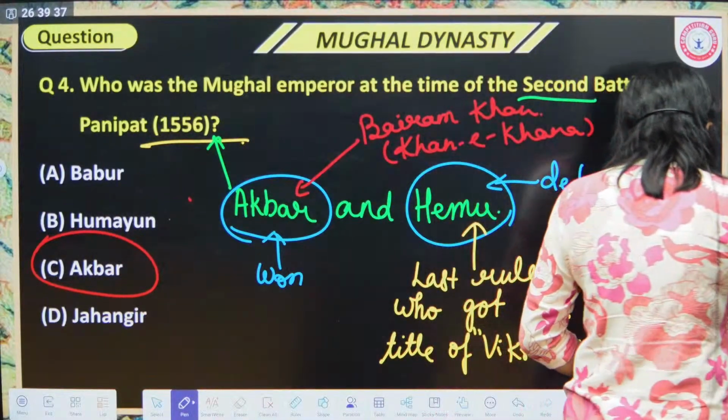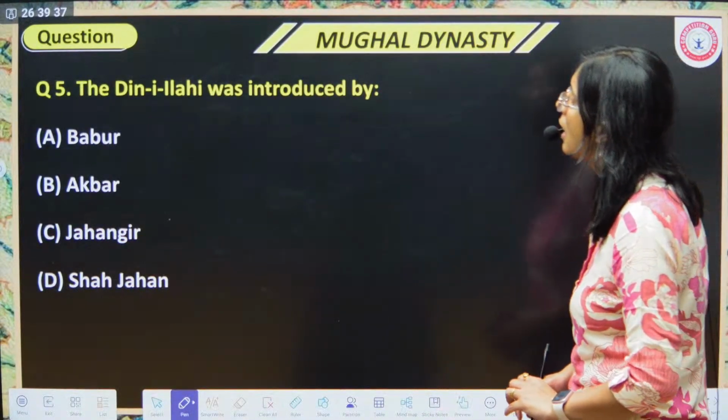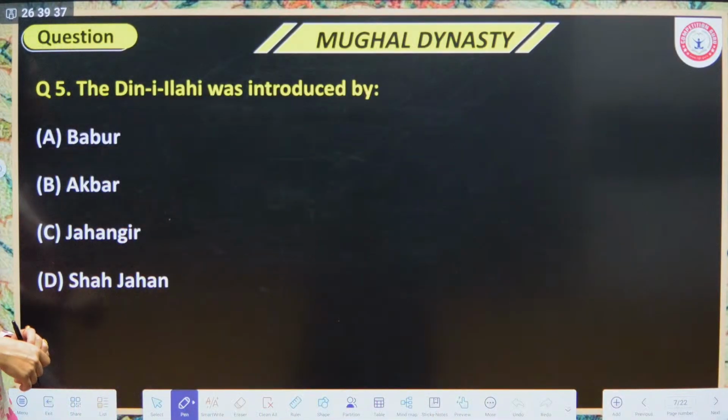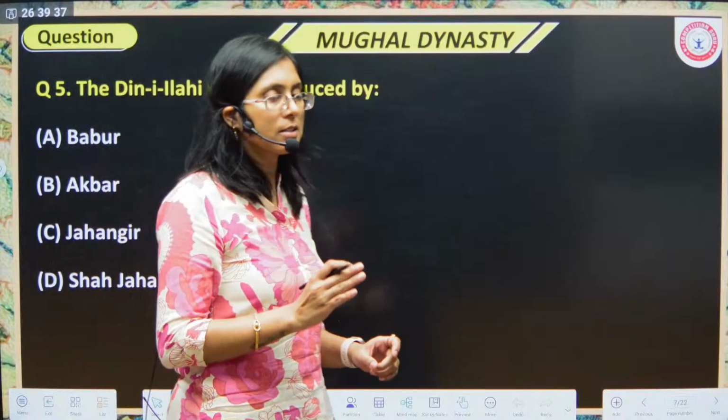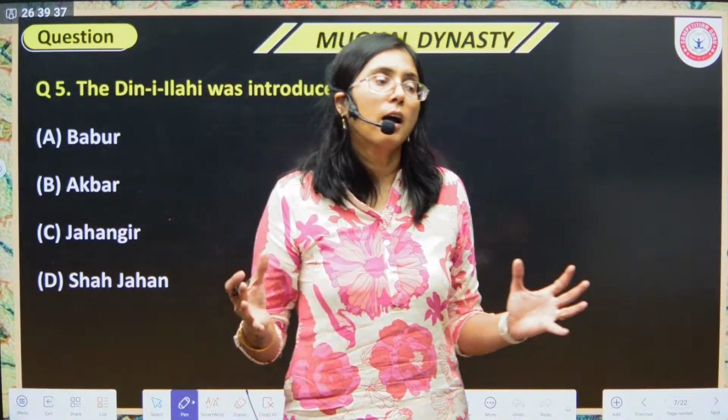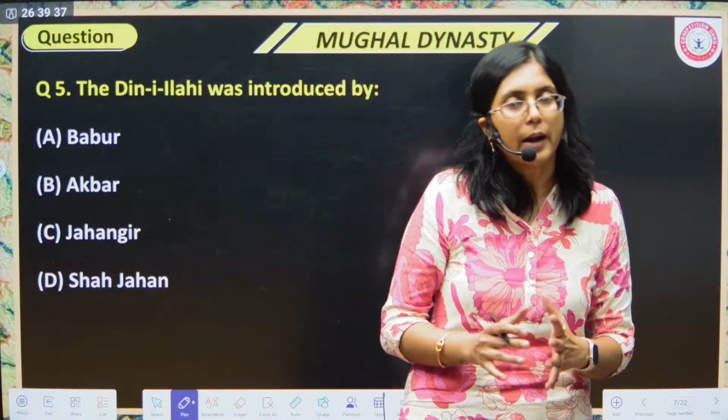So we are moving to our next question. The Deen-e-Ilahi was introduced by whom? First of all, we should understand what Deen-e-Ilahi is. Deen-e-Ilahi was the mixture of all dharma.